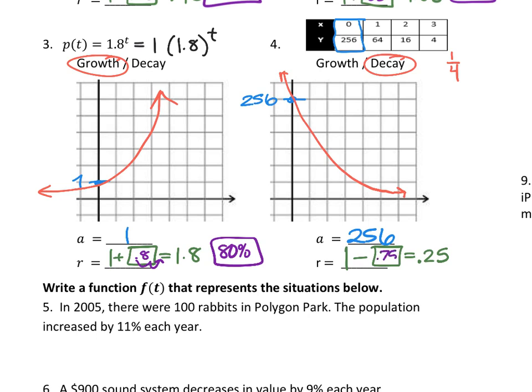Thank you, Abby. That's counting quarters. Know your monies, know your quarters, know your numbers. So what percentage is this decreasing every time? 75%. 75% rate of decay.